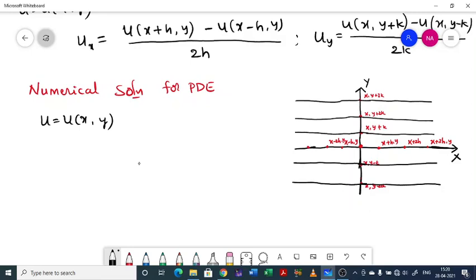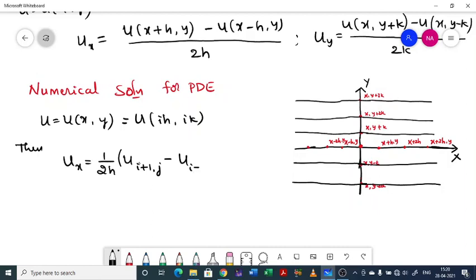After dividing this, the given function u of x comma y can be suitably written as u of ih comma jk, and their corresponding approximations are: ux will be equal to 1 by 2h into u i plus 1 comma j minus u i minus 1 comma j.